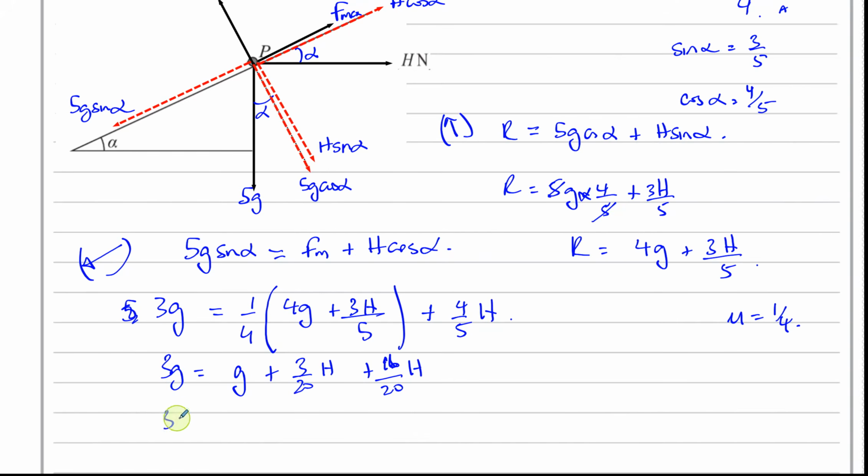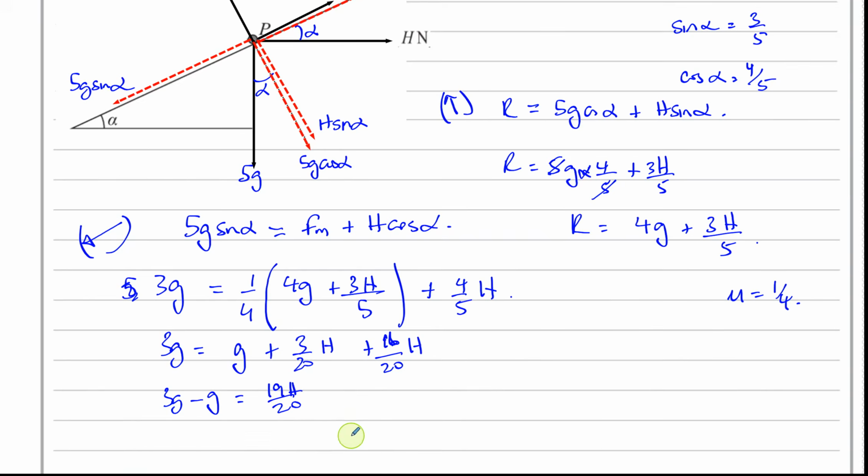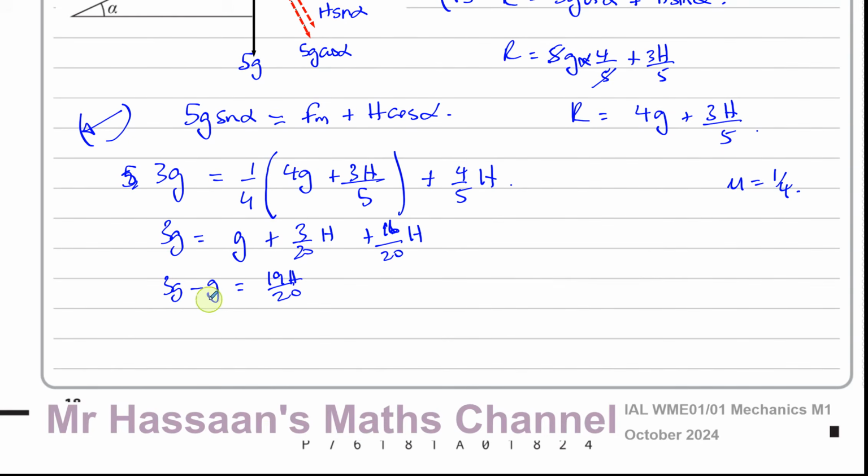So we have 3g minus g equals, and when I add these together, I get 19h over 20. So that leads us to 2g times 20, that's 40g equals 19h. So therefore h is equal to 40g over 19.